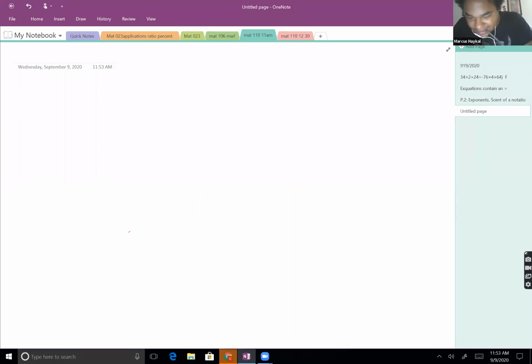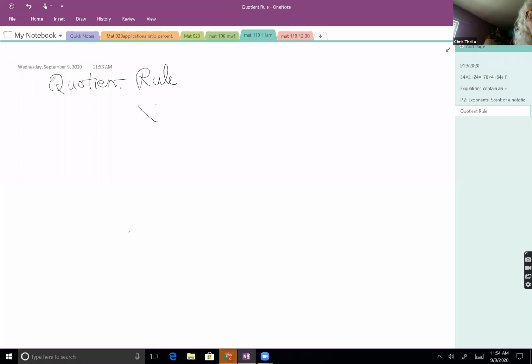Yeah. All right. Then if that's the product rule, the next rule we're going to look at is the quotient rule. And when I talk about quotient, what operation is that? Division. So quotient rule would be if I have something like x to the m over x to the n.